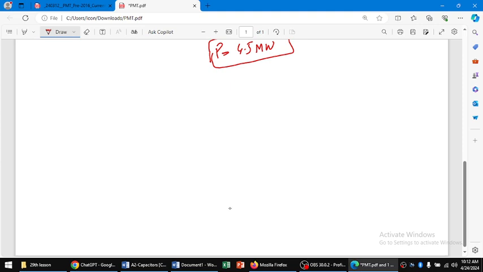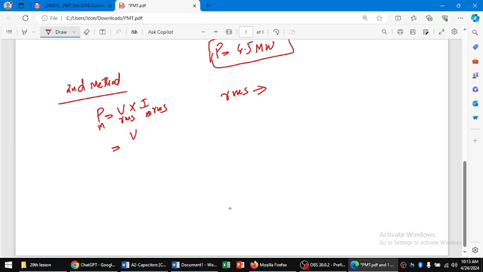The second method, if you did not understand the first, is that you can use the formula P is equal to VI. But the mean power is equal to the root mean square voltage multiplied by the root mean square current. The RMS voltage is the peak voltage divided by root 2, and the RMS current is also I over root 2.